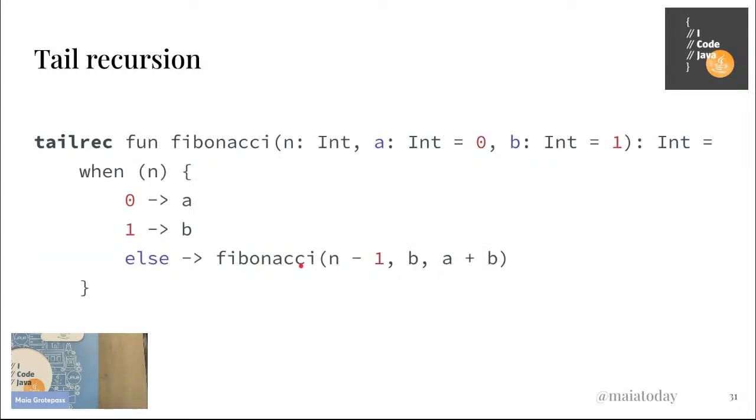Then there's this really cool feature about Kotlin that I really like, which is called tail recursion. Now, if you have a function and you call the same function again and you call the same function again, if you do that long enough, you're going to blow out the computer memory, because every single time you call the function, it needs to push variables on the stack, and in the end it runs out of memory. Now, Kotlin has this keyword, tailrec.